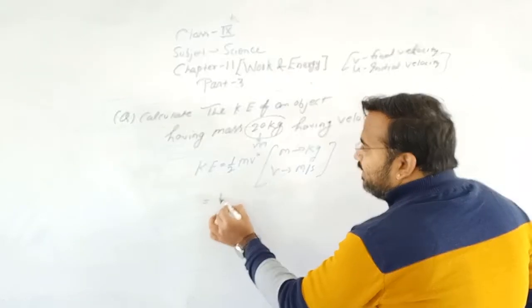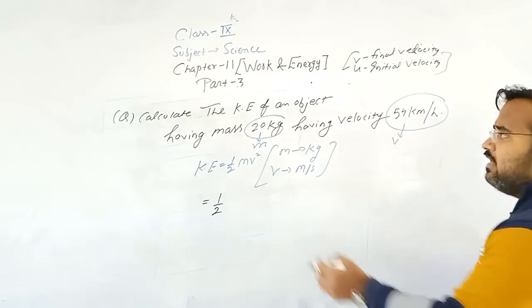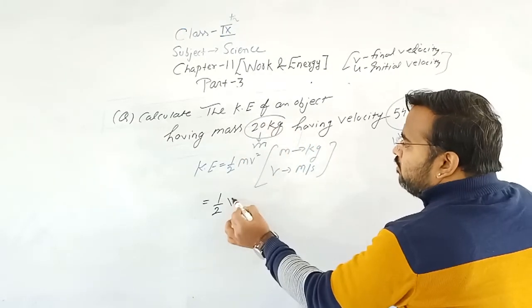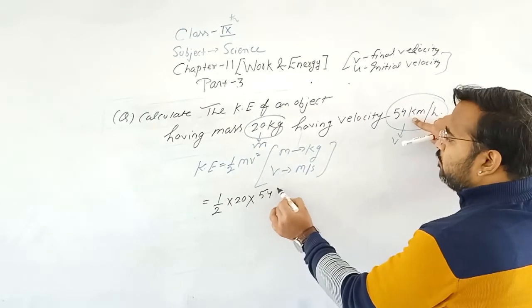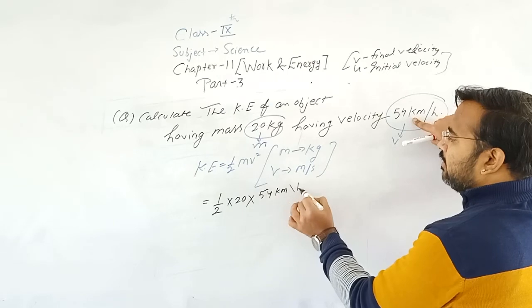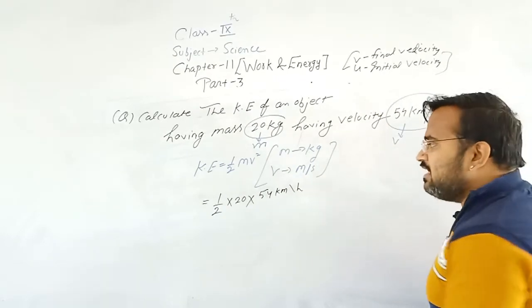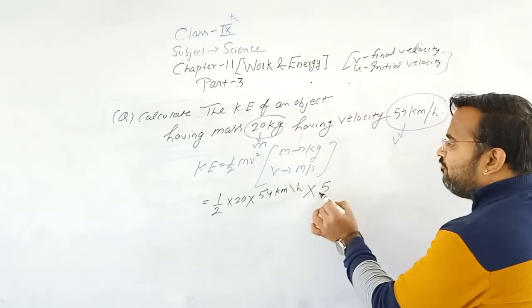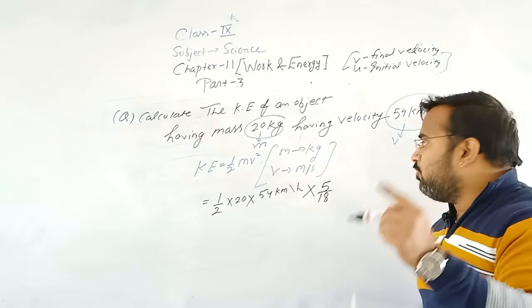I have explained how to convert kilometer per hour into meter per second. First we substitute the value of m, that is 20, and 54 kilometer per hour. This 54 kilometer per hour is converted into meter per second by multiplying by 5 upon 18.